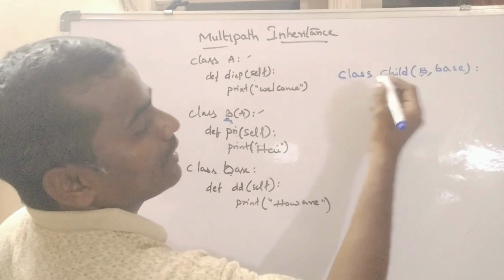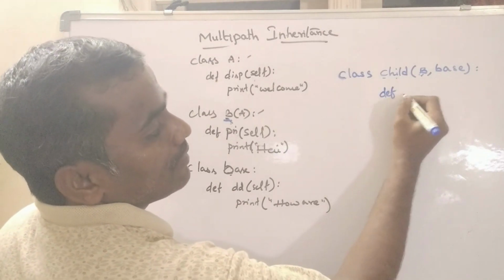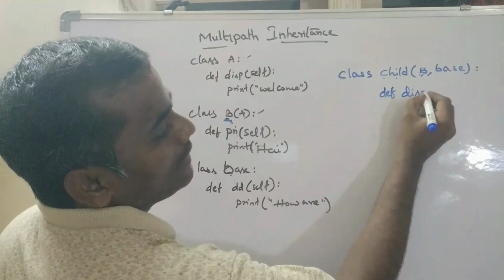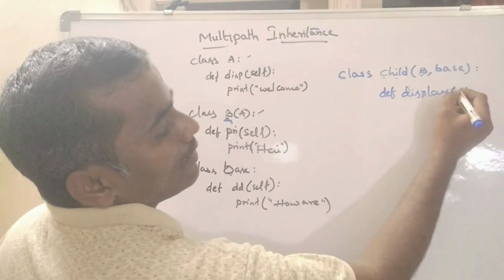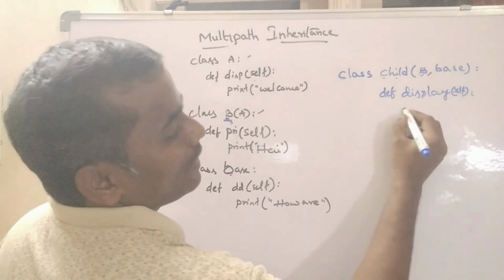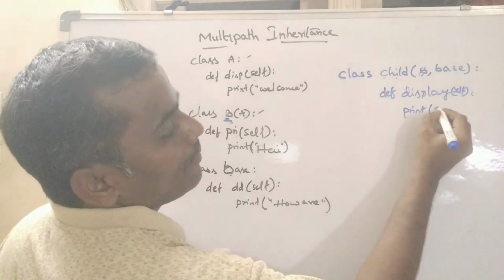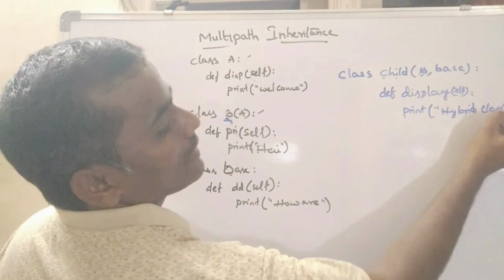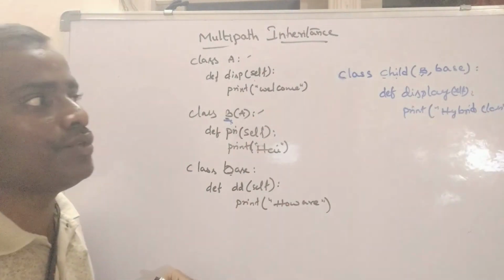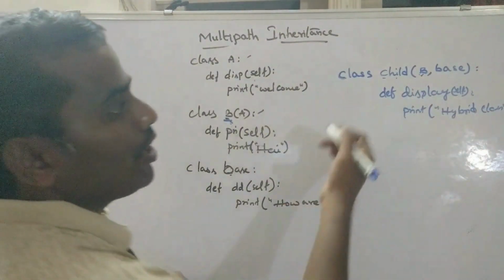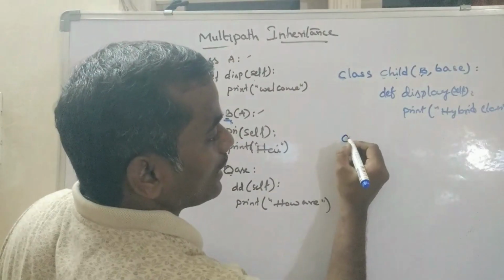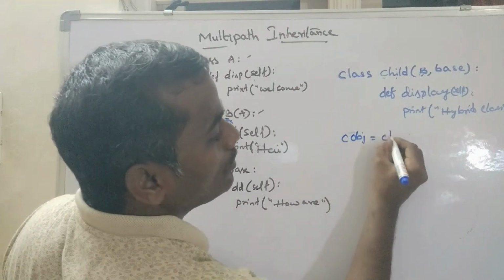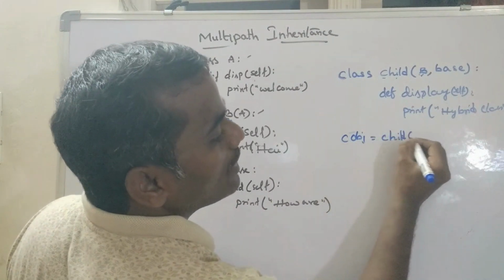Now here I have to declare some methods. Suppose define display of the self. Here I display the methods. Print hybrid, it is a hybrid class. That's all. Now for which class do you create the object? Whenever you create the object for the child class, now there is a child class object, C object equal to, I create the object for only the child class.